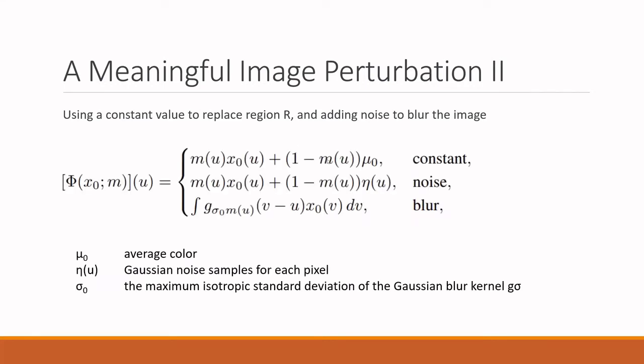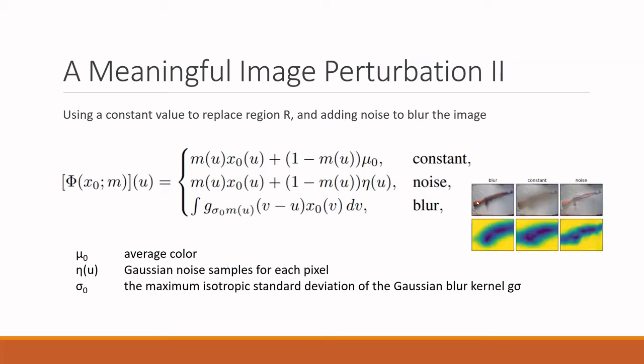For this formula, M is the mask, between 0 and 1 for each pixel u, to determine the micro-perturbation. mu_0 is the average color, eta(u) is the Gaussian noise sample for each pixel, and sigma_0 is the maximum isotropic standard deviation of the Gaussian blur kernel. And here is the output from this micro-perturbation. Take the constant scenario, for example.